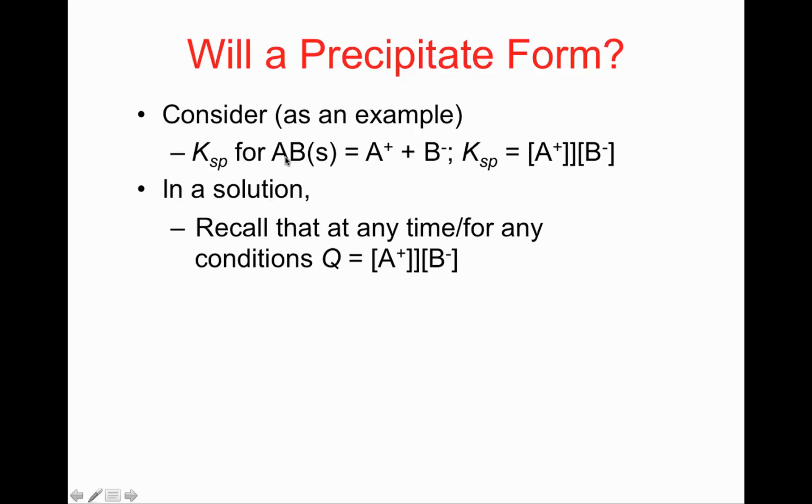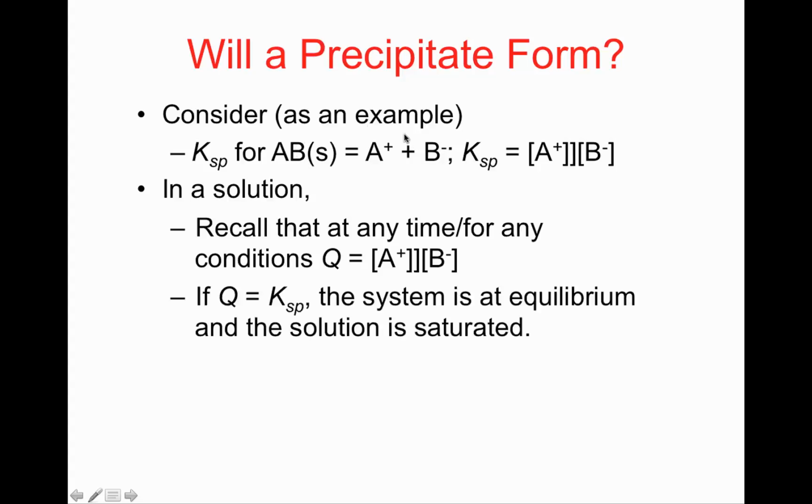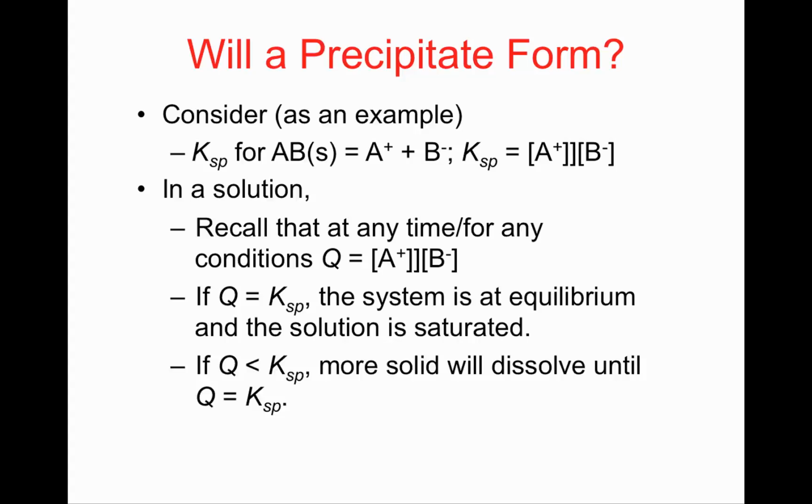If Q is less than Ksp, that means the solution could carry more of the ions, and so if the material were available, the reaction would want to go to the right. If Q is equal to Ksp, the system is at equilibrium, and the solution is saturated. There's no more ion carrying capacity in the solution.